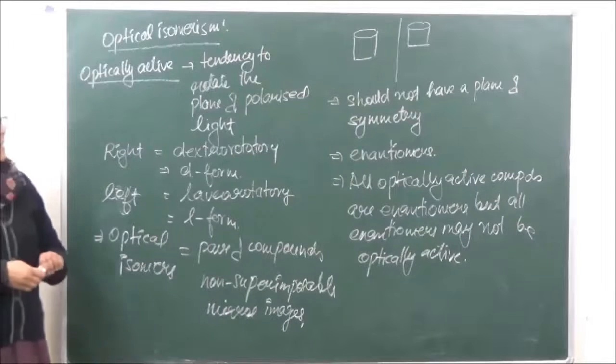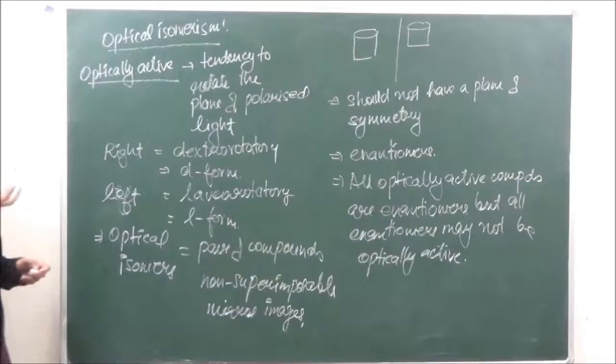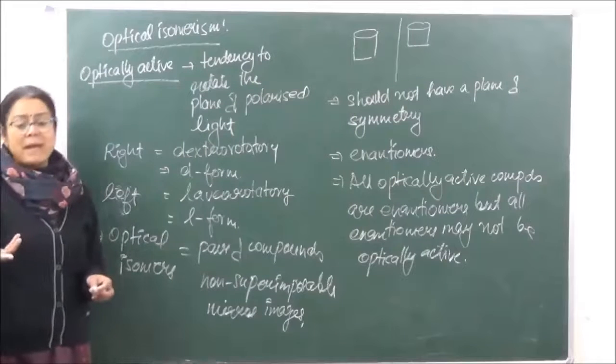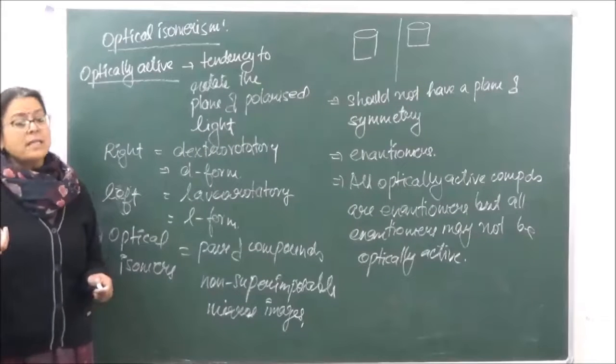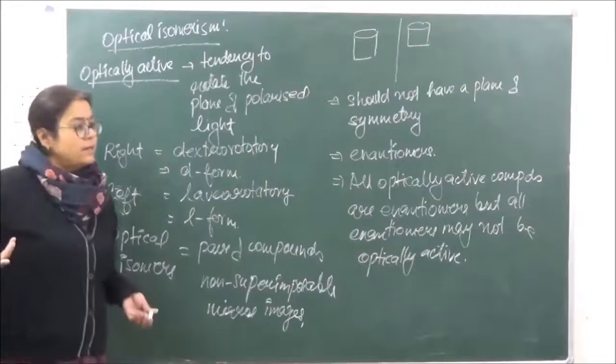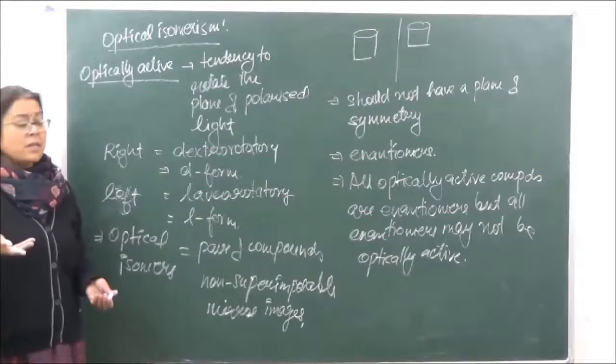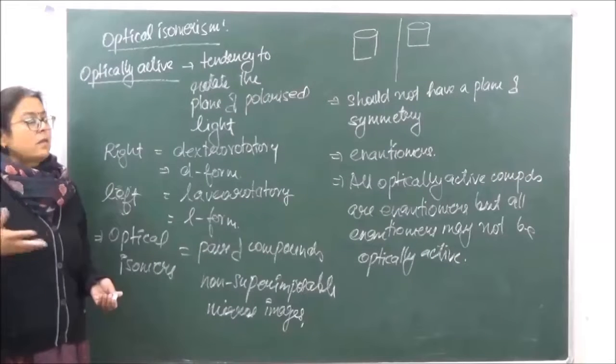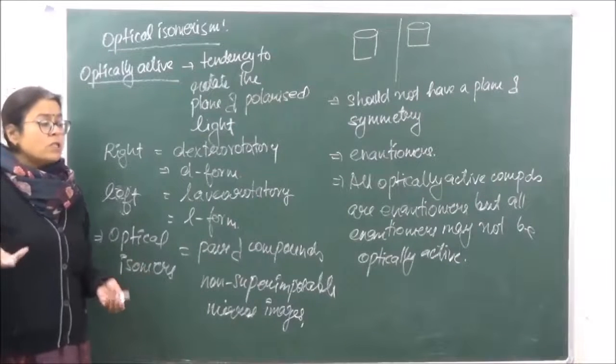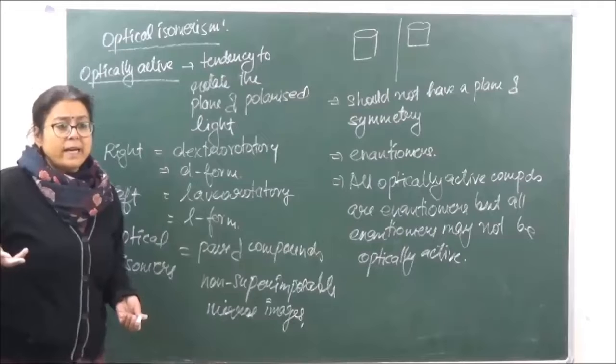Now optical isomerism exists very rarely in square planar complexes because they are all symmetrical, therefore those compounds are not going to be optically active.